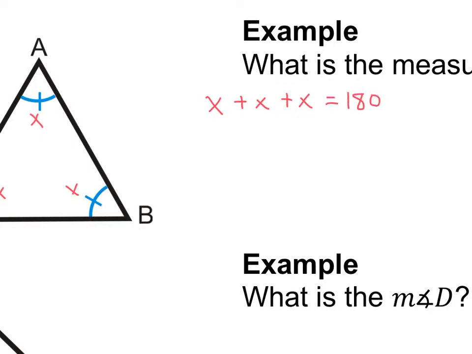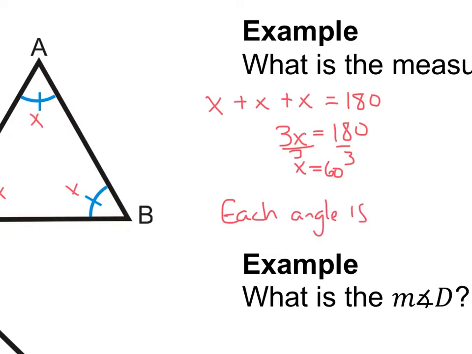So I can set up that equation and simplify it: 3x equals 180. Divide by 3 on both sides. X equals 60. So each angle is 60 degrees.